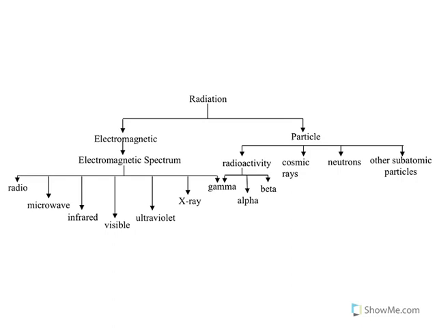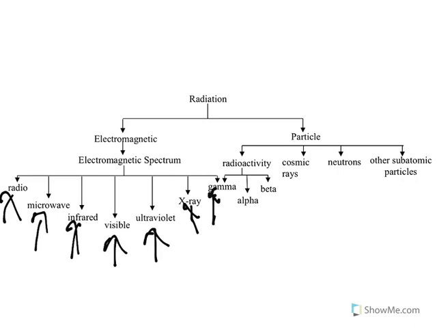If we look down the electromagnetic wave side, we get the electromagnetic spectrum, broken up into a whole bunch of different wavelengths and associated frequencies, all the way from radio waves on the end, visible light that allows us to see things, microwave that heats our food up, infrared for night vision goggles, ultraviolet that gives us skin cancer, X-rays to look at broken bones, and then gamma rays down the end.